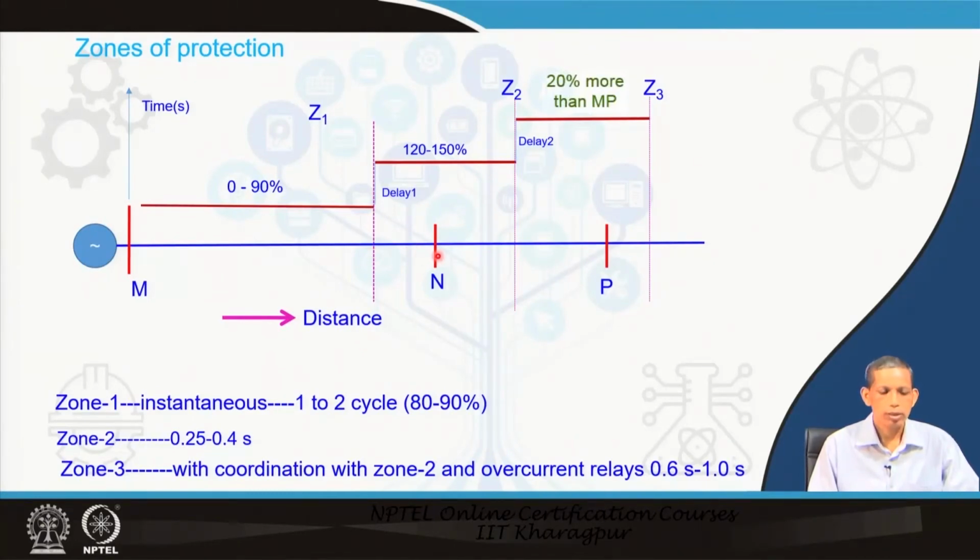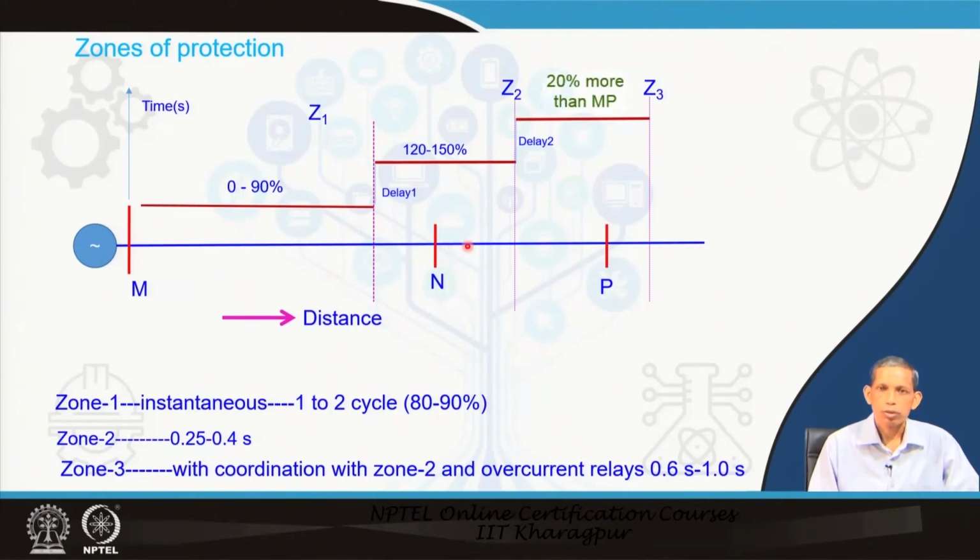Note that in books you will also find that some of the faults in this portion are also taken care of by this, but here another set of relay circuit breakers will be available. So, that relay has a primary objective to protect this line section, and that again will be instantaneous.